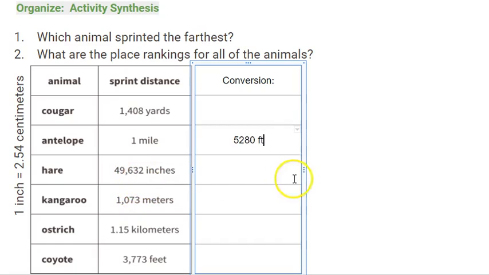What about going from the hare in inches into feet? Well, again, this is just a matter of dividing, right? So work that out.